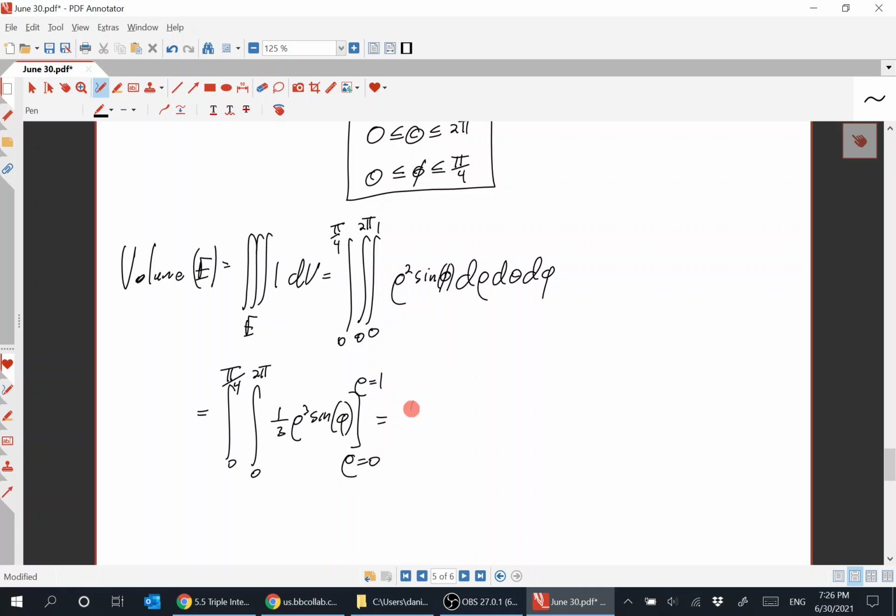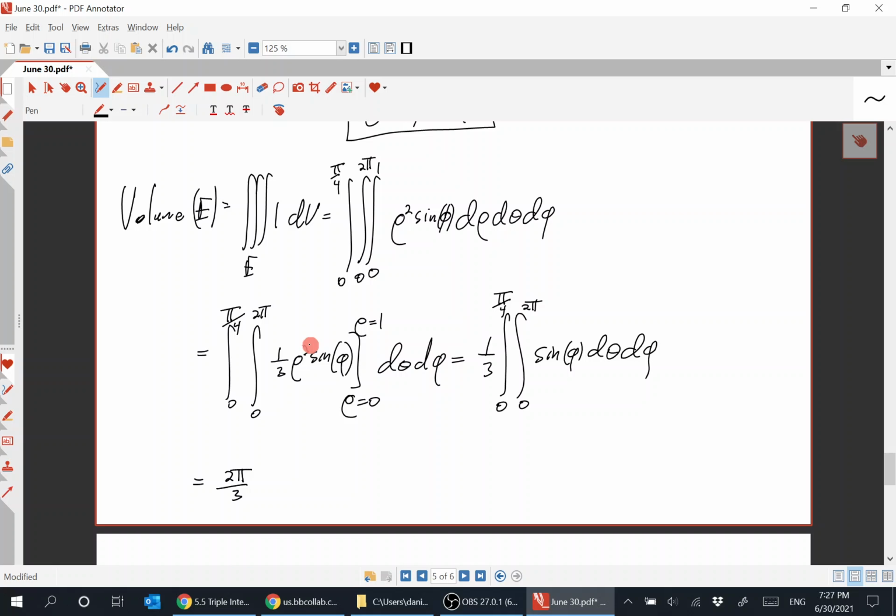So it's just 1/3. I'm just going to pull that 1/3 out front. So 0 to 2 pi, 0 to pi over 4, sine phi, d theta, d phi. There's no thetas. It's all just a constant with regard to theta, so the integral is just the constant times the length of the interval, which is 2 pi.